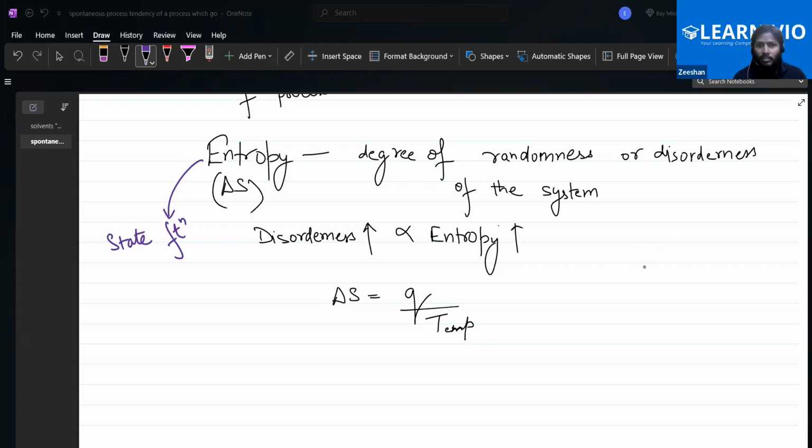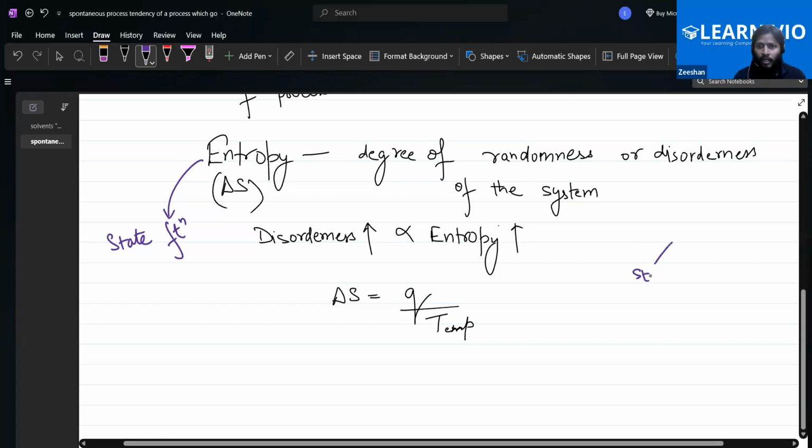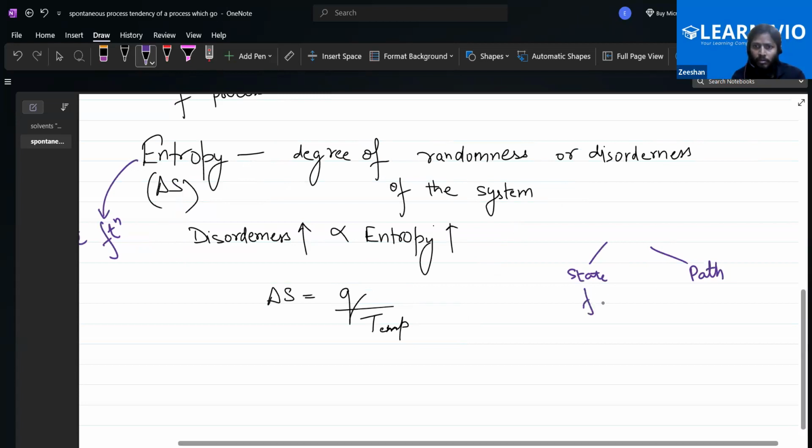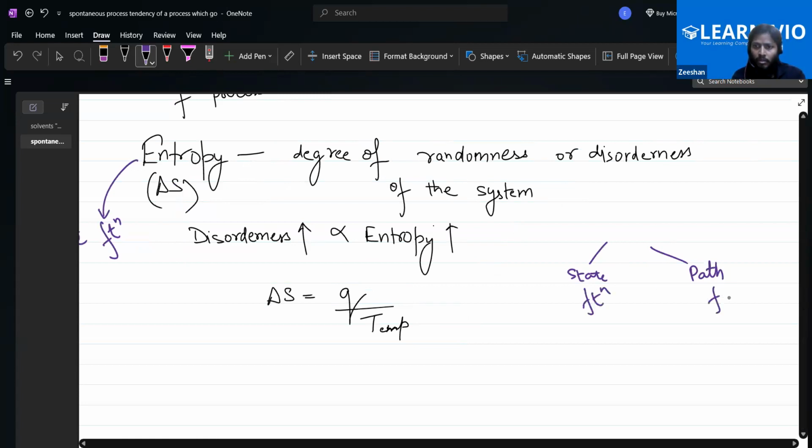So there are state functions, and there are path functions. We have bifurcated into these two parts.